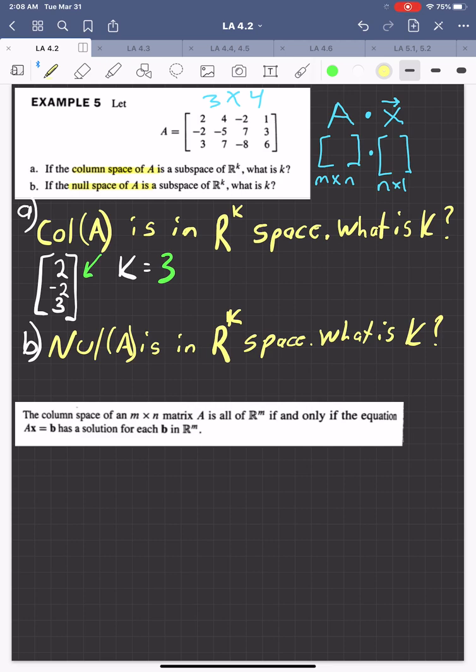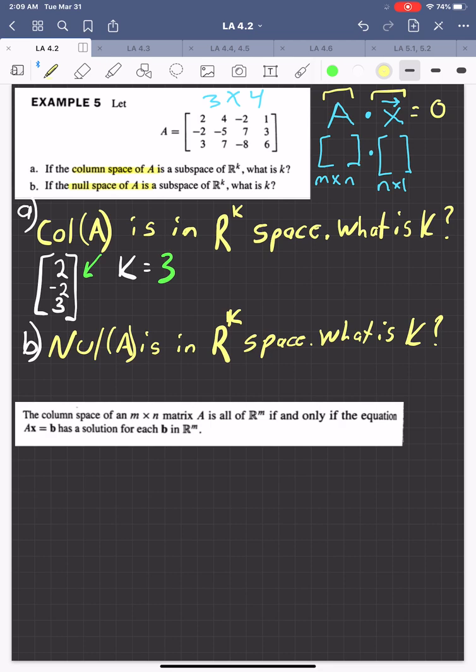the best way that I can try to explain this to you is, everything dealing with the null space is all about matrix A multiplied by some vector x that gets you to 0. That's the null space.